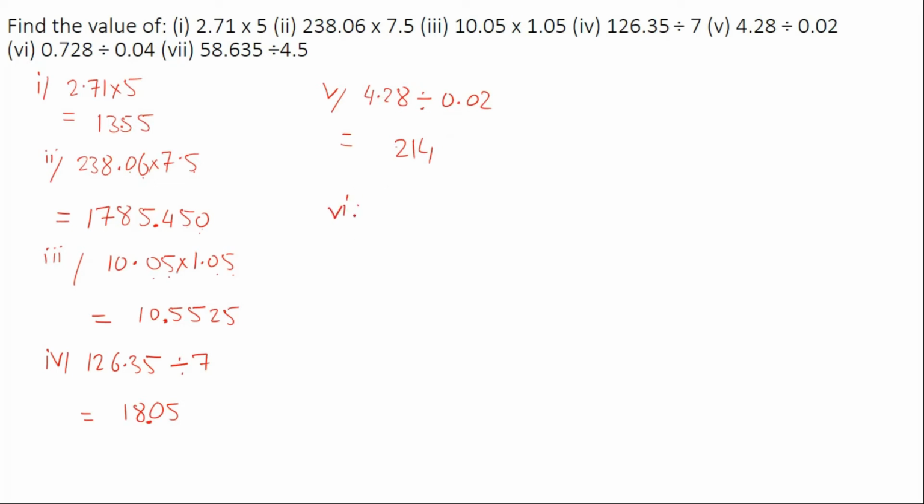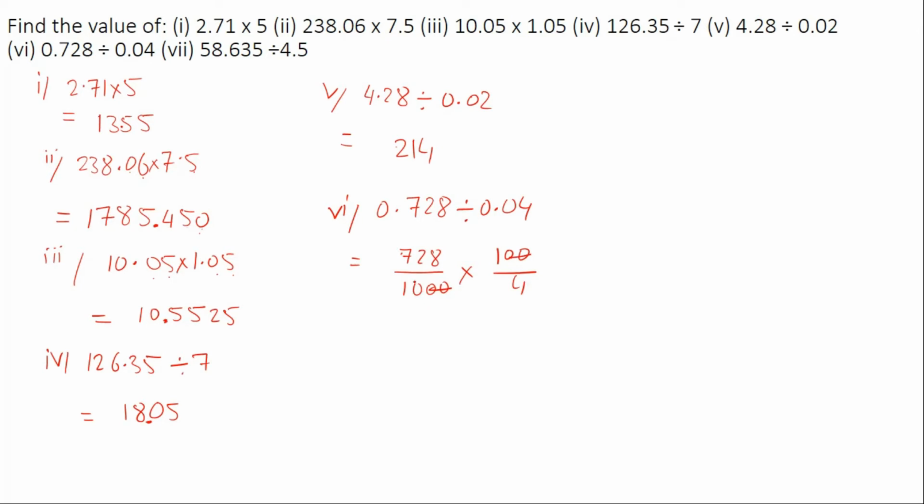Number 6. 0.728 divided by 0.04. It can be written as 728 by 1000 into 100 by 4.